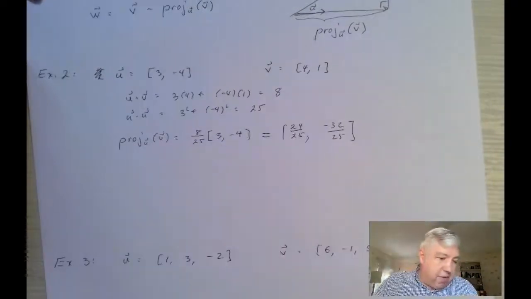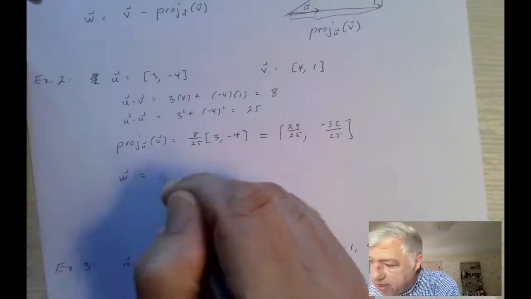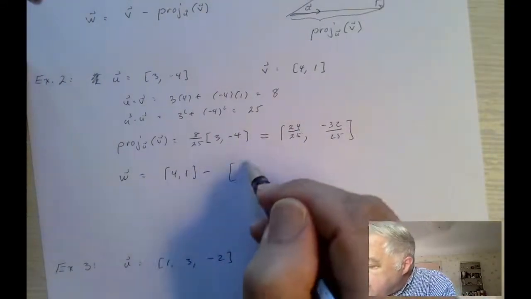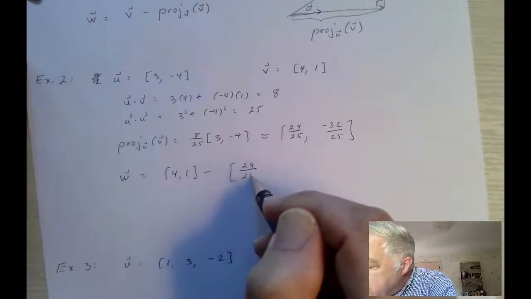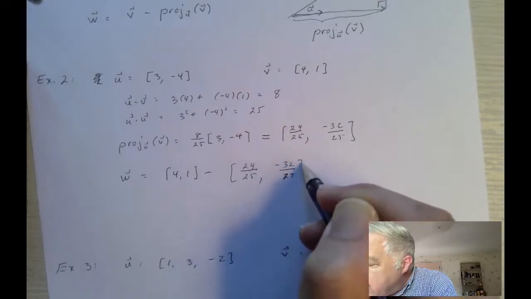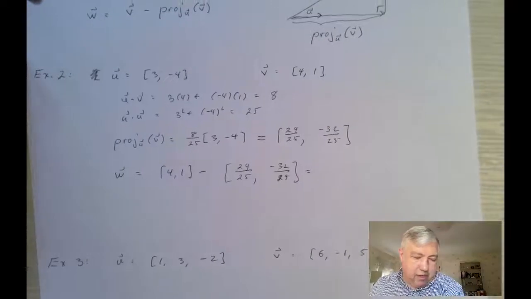And then W, we want to find the vector that's orthogonal to that. W would be 4, 1 minus this vector we just found. Okay, and you have to do a little arithmetic.